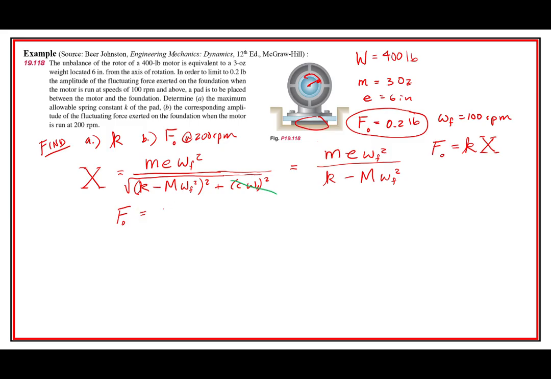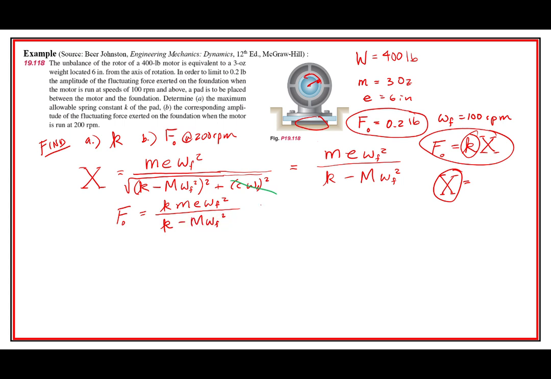It could be K M E omega F squared divided by K minus big M omega F squared. So that's basically what we've done right here. We just multiplied X by K, so it turned it into F. I have no problem with that.